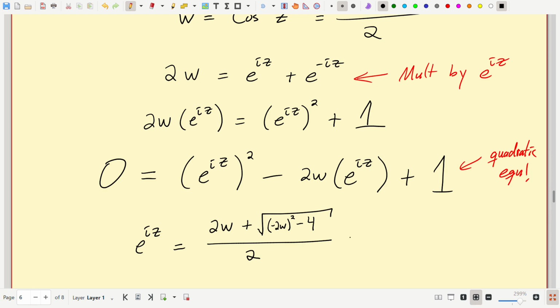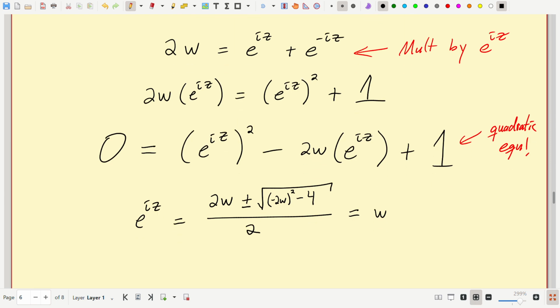When you mess around with that, I'll put a plus or minus here. There are 2 complex square roots of any number. This would be w plus or minus the square root. I can put that 2 inside the square root, and I'd get w squared minus 1.